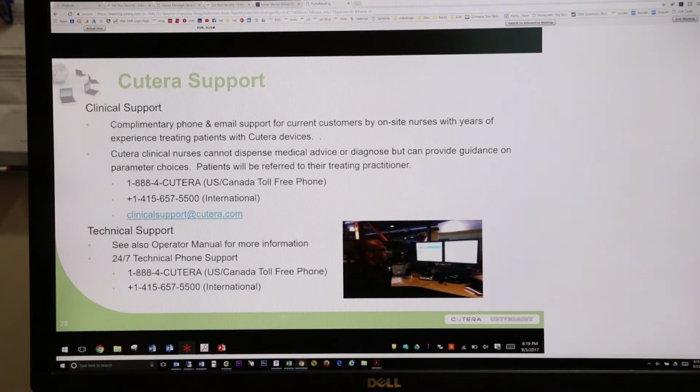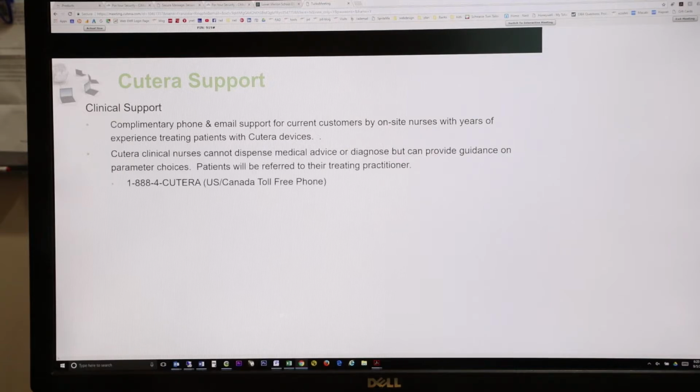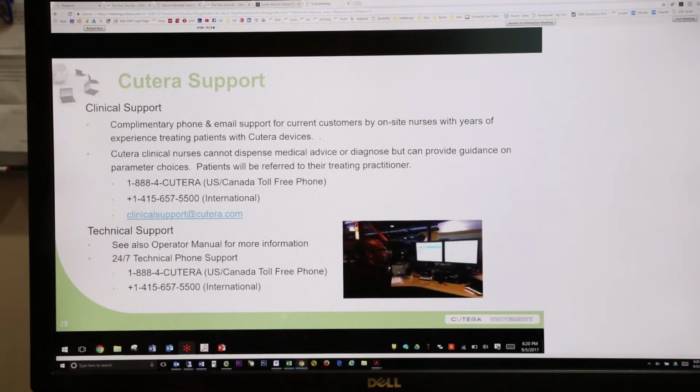Our Laser Genesis still uses milliseconds, but a micro pulse, and Picogenesis uses picoseconds. That's the difference, but the main difference between the two is that one is depositing heat. So one is good for vascular issues such as rosacea and some diffuse redness on the face.